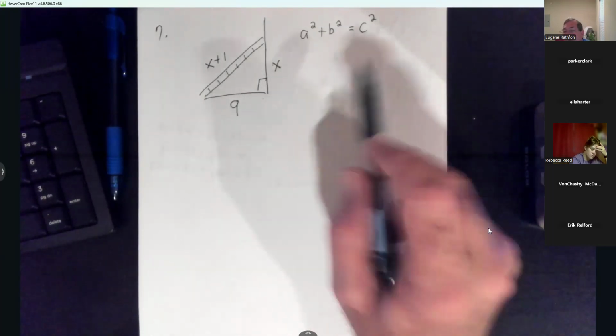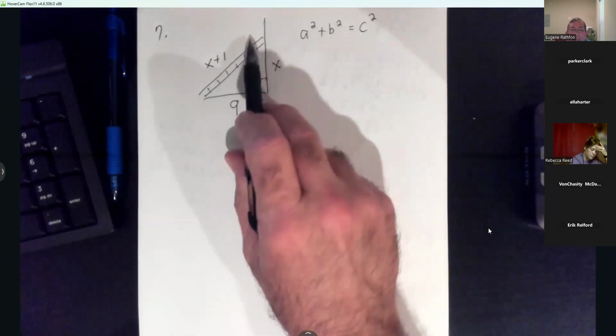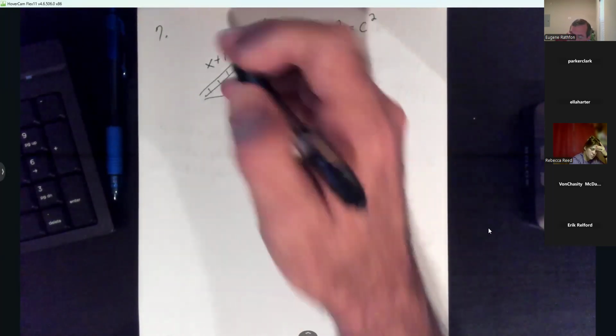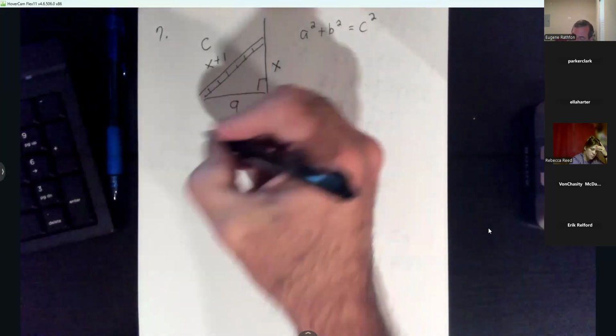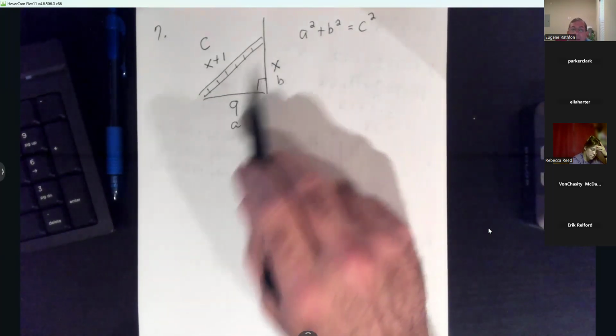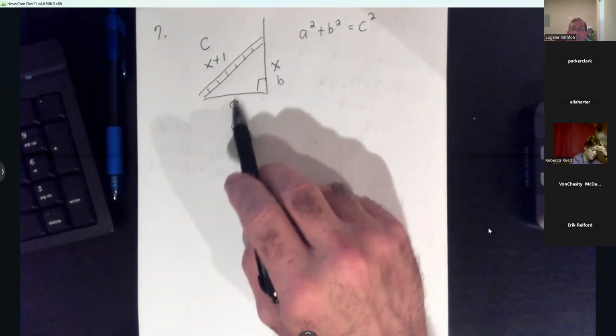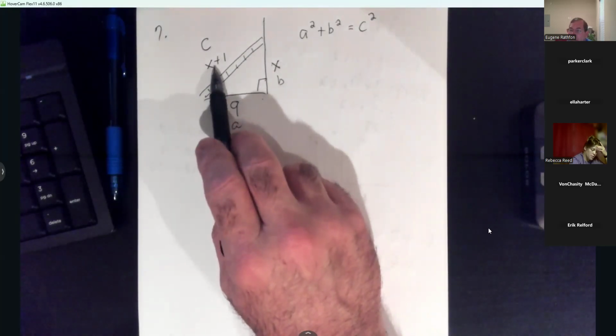Now, A and B, it don't matter between the other two sides. But your C squared has to be your longest side, which is going to be the ladder. So no matter what, that's going to be C. And then I'm going to let this one be A and that one be B. But y'all, it don't matter which one of these is A and B, okay? What does matter is C has to be the longest side.